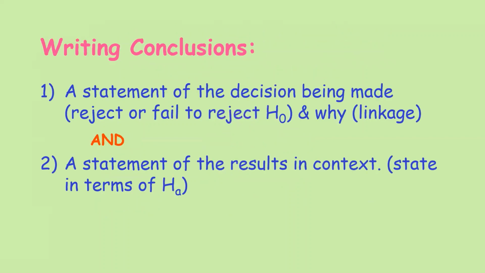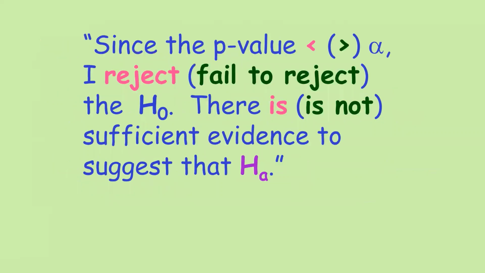So how do we write our conclusion statements? It is a statement of the decision being made, either we reject or we fail to reject, and linkage. We also need to relate it in context in terms of HA. So what is the sentence stem that you need to memorize to fully conclude your hypothesis test? Since the p-value is less than alpha, I reject H0.